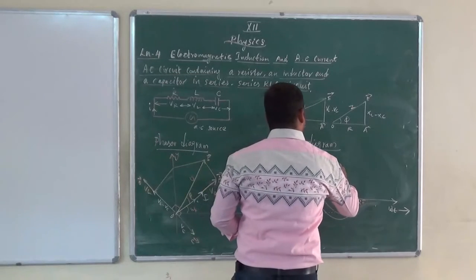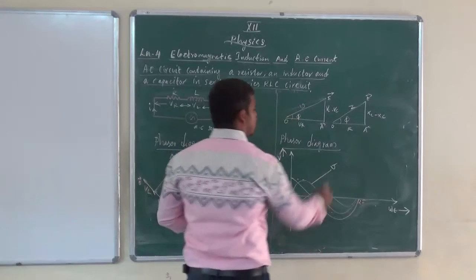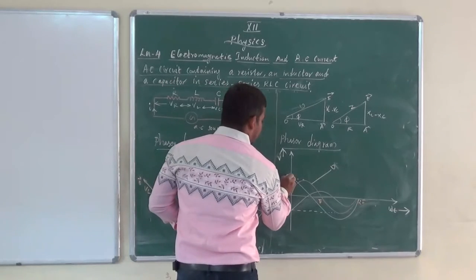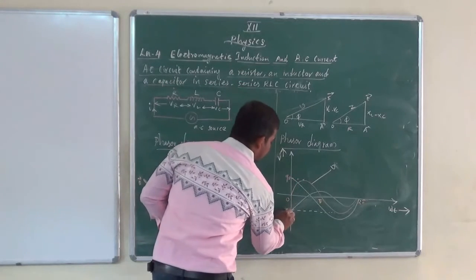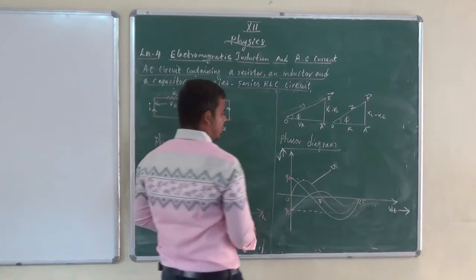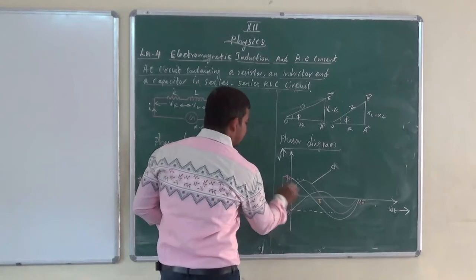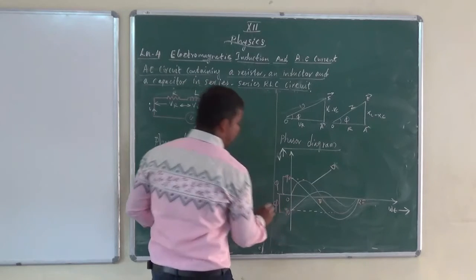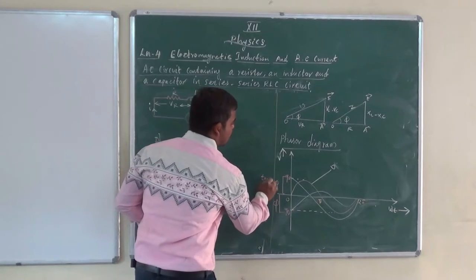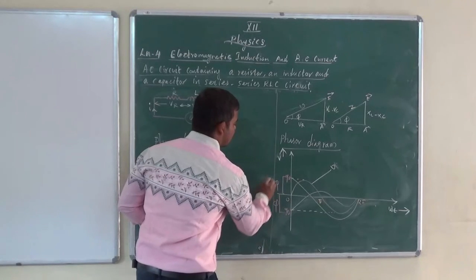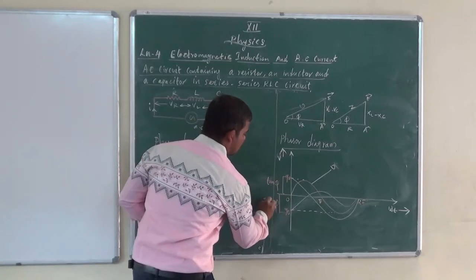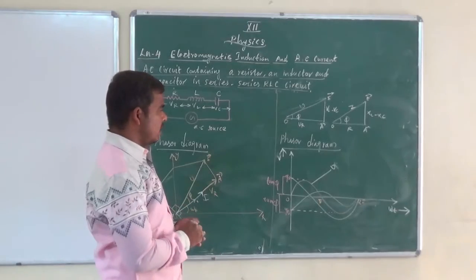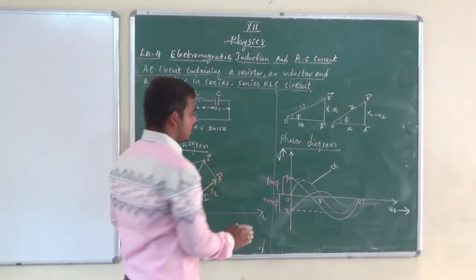So this is voltage. What is this? This is voltage. And this is 90. This is also 90. So the angle between, this is the phase angle, tan phi. Tan, this is also tan phi. How do the current and voltages vary?